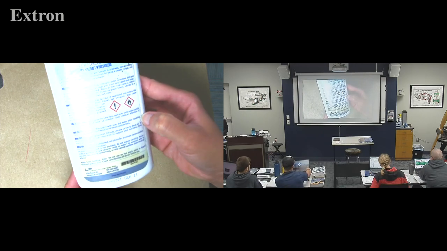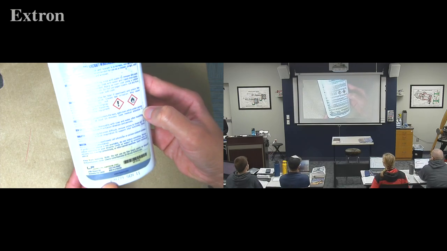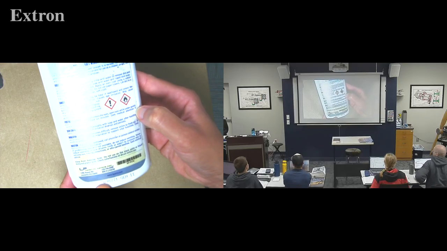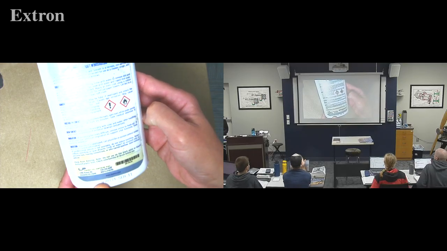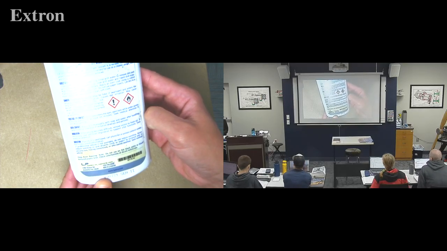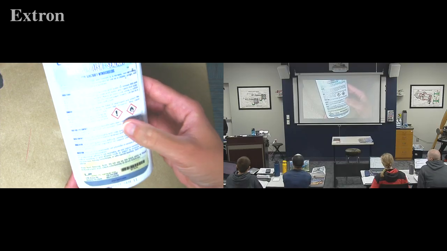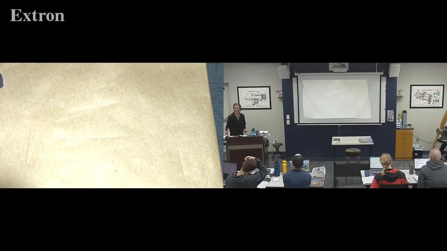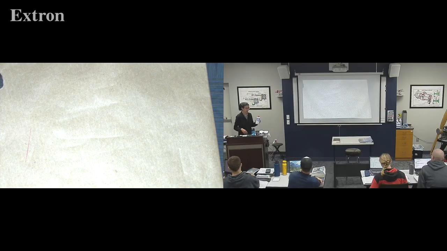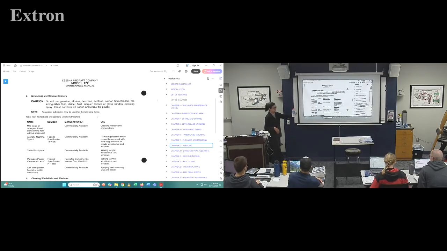danger, and look at those little thingies. What does that little thingy mean? And what does the little exclamation mark mean? It can hurt you. But yeah, there's sensitivities. Don't get on your skin, all that stuff. So often the manufacturers, on their product containers, will put some of that information as well, which is very handy.